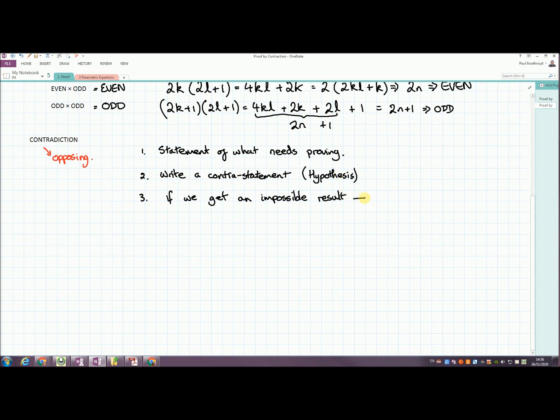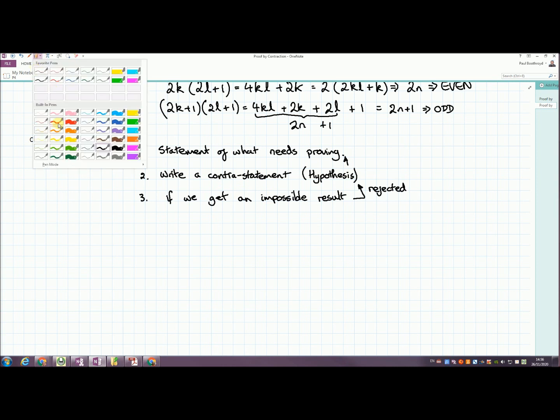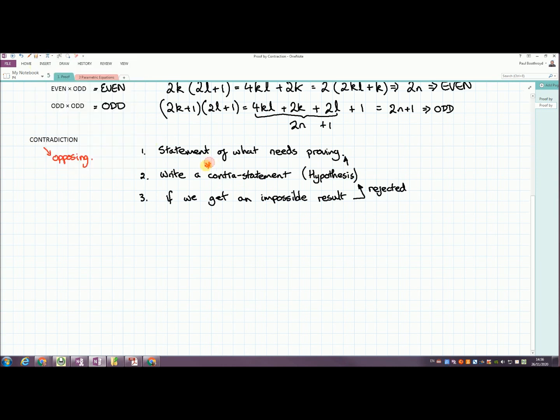Then we can turn around and say we have rejected the hypothesis or the statement, and hence we are now proving that statement. The hard part is this writing the contra statement. That's the critical step. It's being able to write the right things where possible.